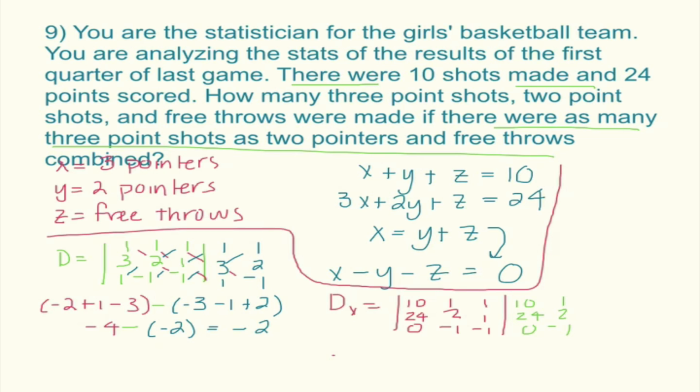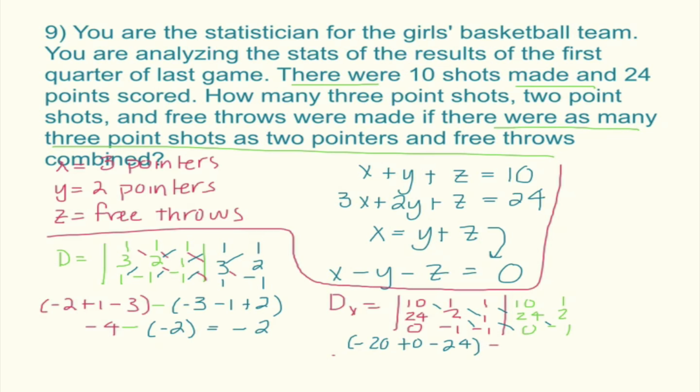Next I'm going to use d sub x. So I went ahead and replaced my first column with my constants. And here we go. 10 times 2 times negative 1 is negative 20. 1 times 1 times 0 is 0. 1 times 24 times negative 1 is negative 24.